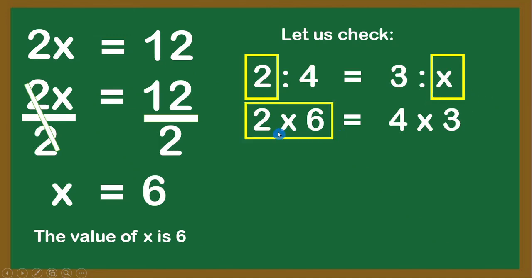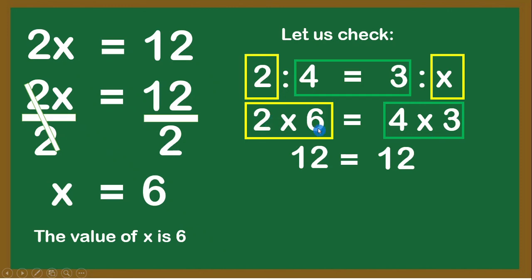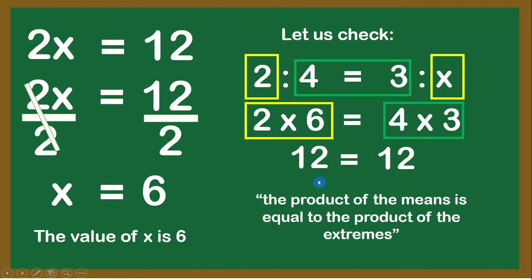Then we have 4 and 3 as the means. Taking the product, 2 times 6 is equal to 12, and 4 times 3 is also equal to 12. So we have 12 equals 12. So we solved the value of x by using proportion, which states that the product of the means is equal to the product of the extremes.